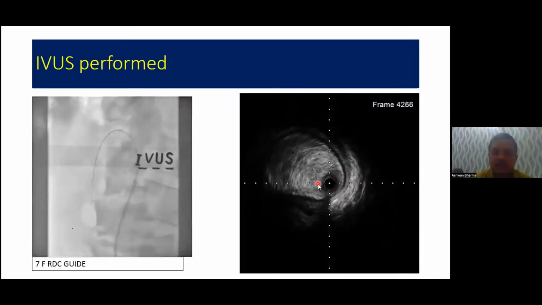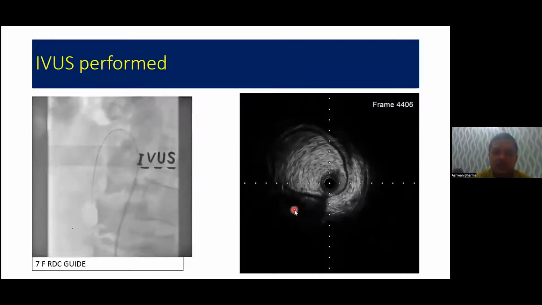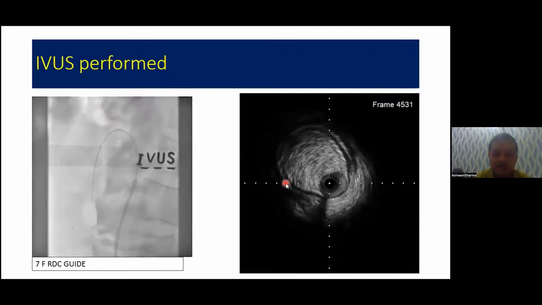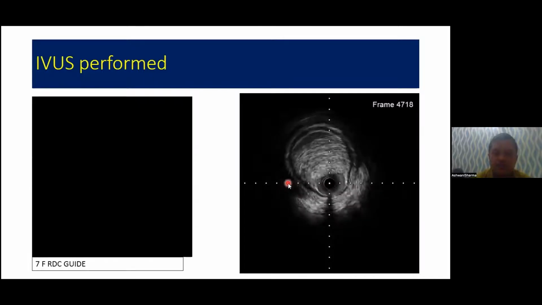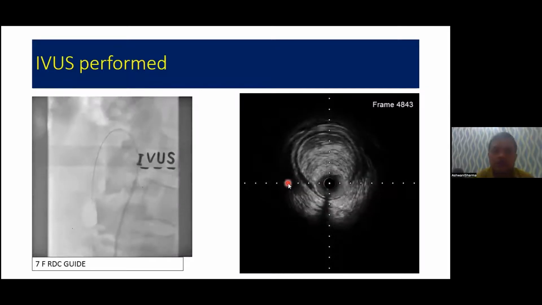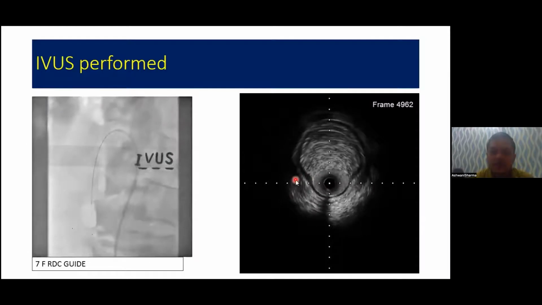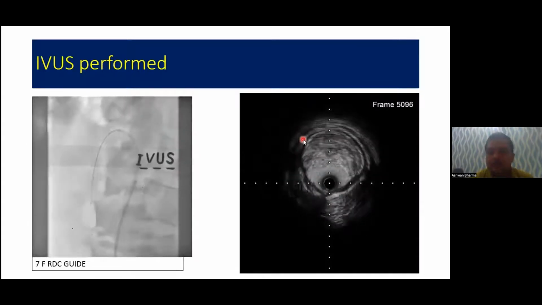Hardly any space is left after the catheter. We are moving towards the ostium, and we can appreciate that significant negative remodeling is there. We are now just at the ostium of the superior mesenteric artery. Possibly there is some calcific plaque beneath.